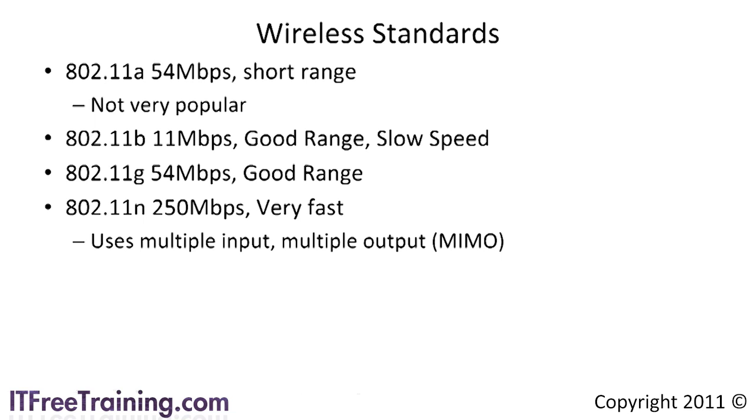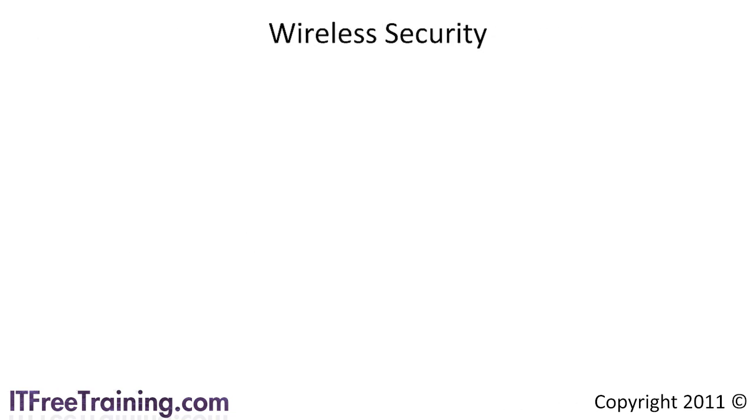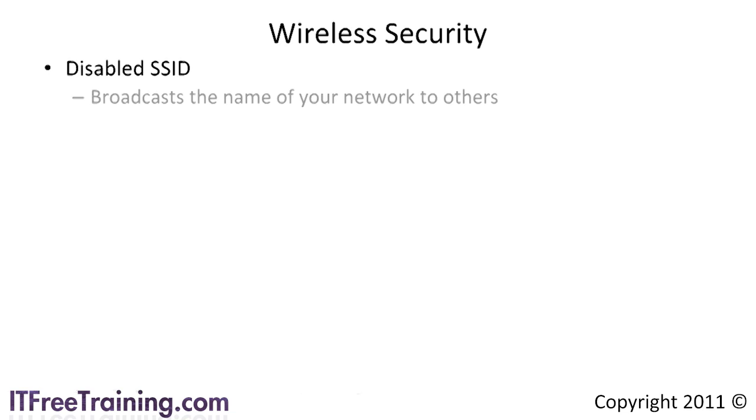Unfortunately, as soon as you start using wireless, security becomes important. Because wireless communications travel through the air, anyone within range can intercept your communication. There are a number of different ways you can increase the security of your wireless network. First, you can disable the SSID. The SSID, or Service Set Identifier, broadcasts the name of your network to wireless devices on the network.